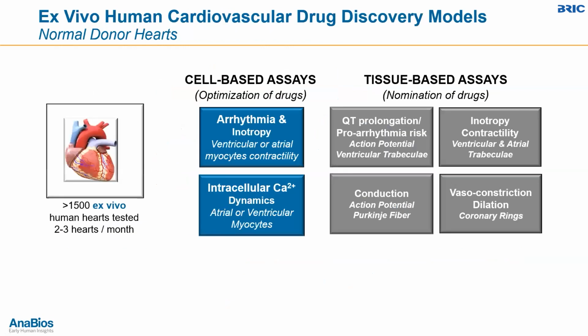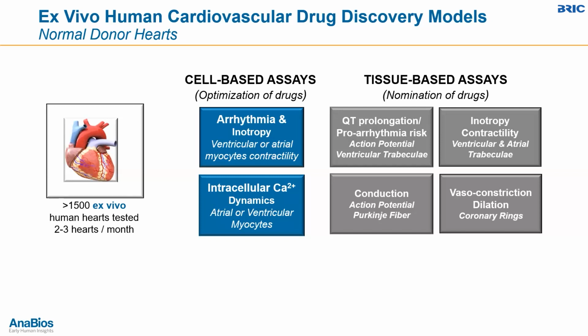One of the organs we recover is the human heart, and the recovery rate we have allows us to support discovery projects during nomination of drugs phase or during early drug discovery. As you can see on this slide, for nomination of drugs, we have tissue-based models to assess the potential of drugs to affect electrical activity and electrophysiological function of the heart.